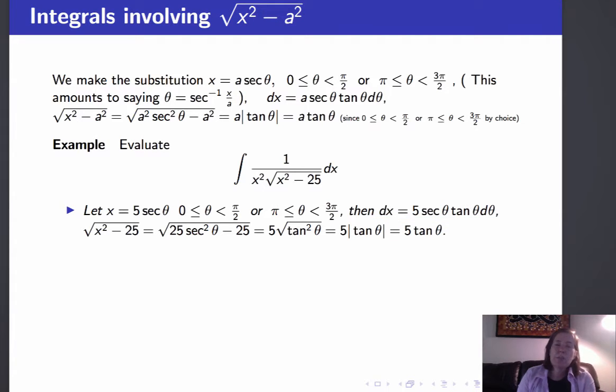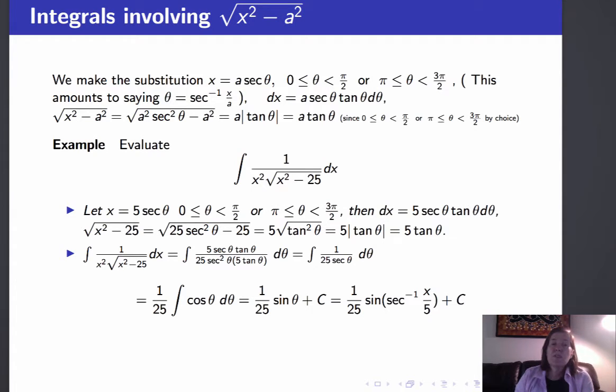And as mentioned above, the square root of x squared minus 25 is going to be the square root of 25 secant squared theta minus 25. Pulling out the 25, we get that this is 5 times the square root of tangent squared theta, which is 5 times tangent of theta.